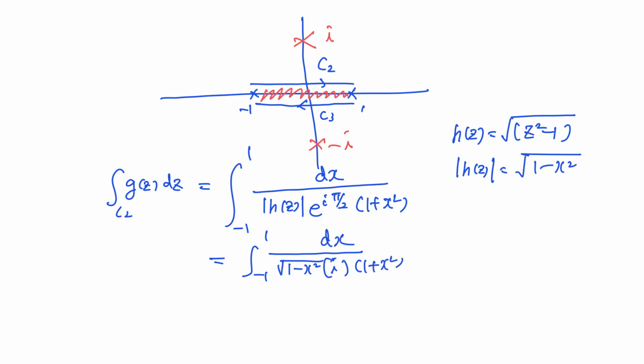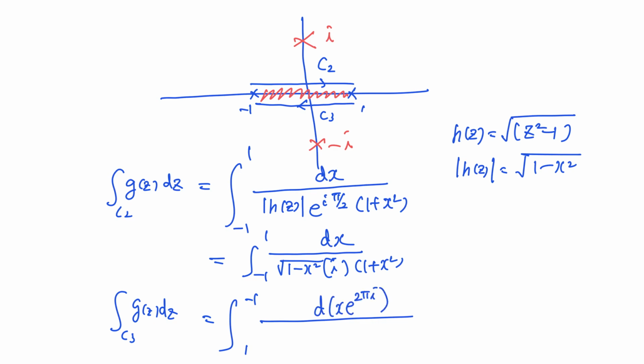On the other hand, C3 is from 1 to minus 1, dx, exponential 2 pi i, same as this 1 minus x squared, but exponential, sorry, exponential 3 pi i over 2 is minus i, right?